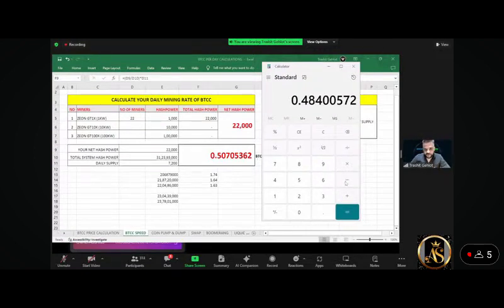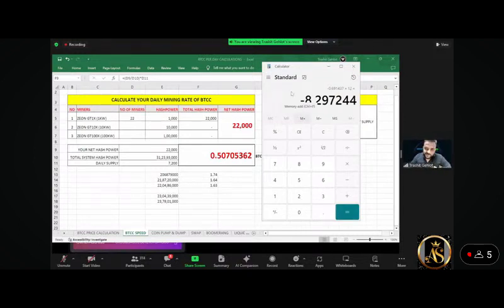Let us see. It is 0.50705362, almost 0.02. If we consider this difference in a single day, in a month that amounts to almost 0.6 BTCC, and in a year, that's almost 8.29 BTCC.